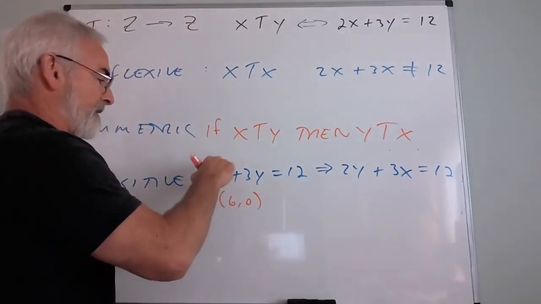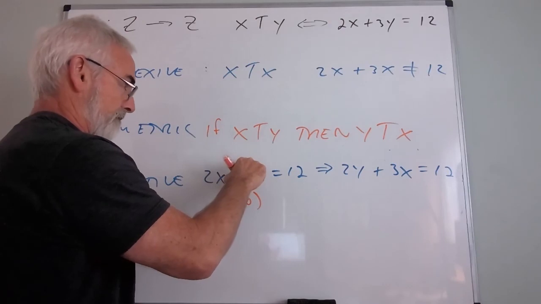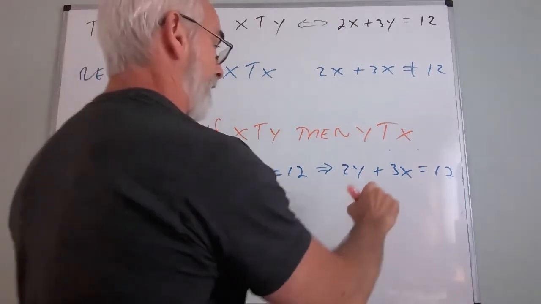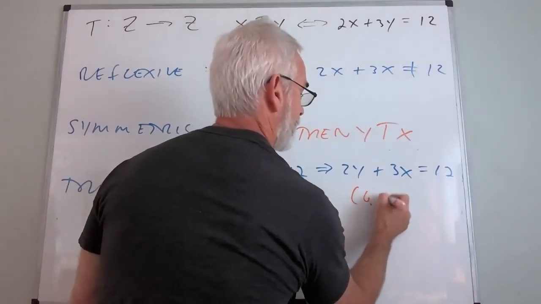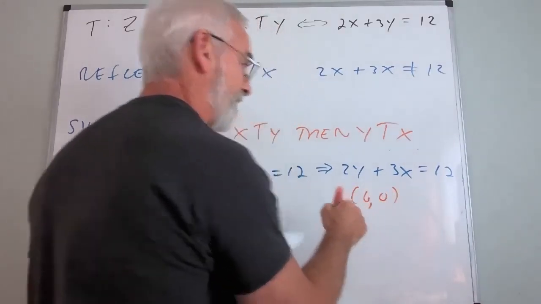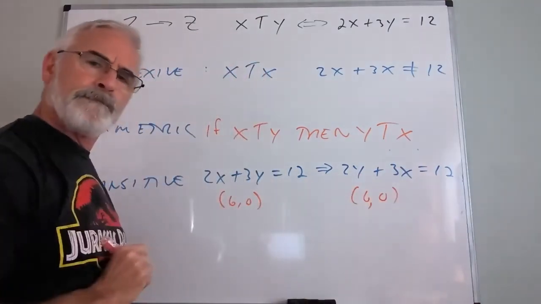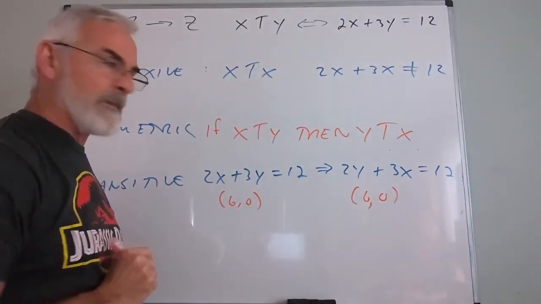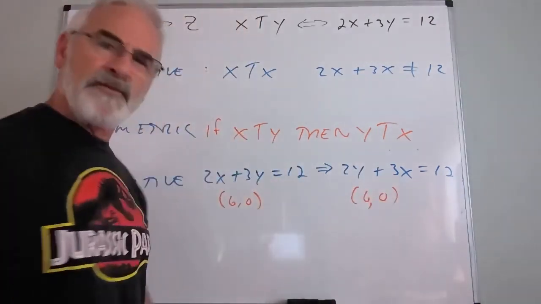If X is 6 and Y is 0, now if I put over here, X is 6 and Y is still 0. Is that true? No, that's not true. Most specifically, this is a different equation of a line than this one. So I'm going to fail symmetric.